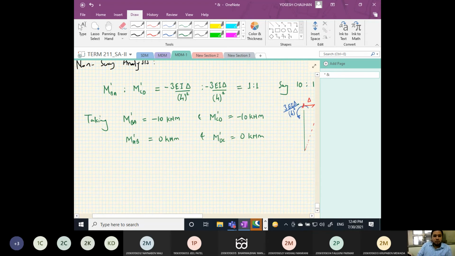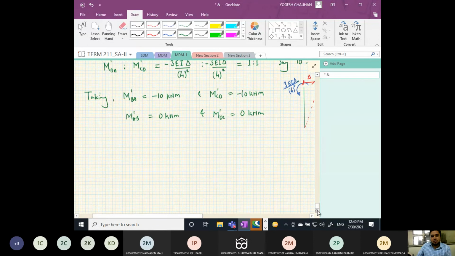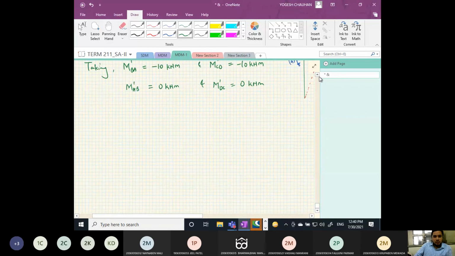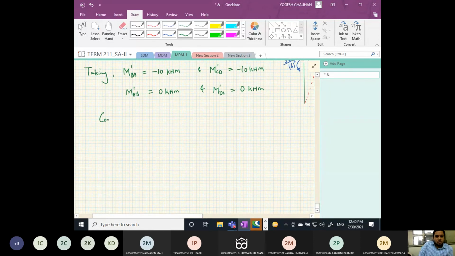So with these arbitrary moments, we carry out the sway analysis. Okay, so considering these arbitrary moments, carry out sway analysis.